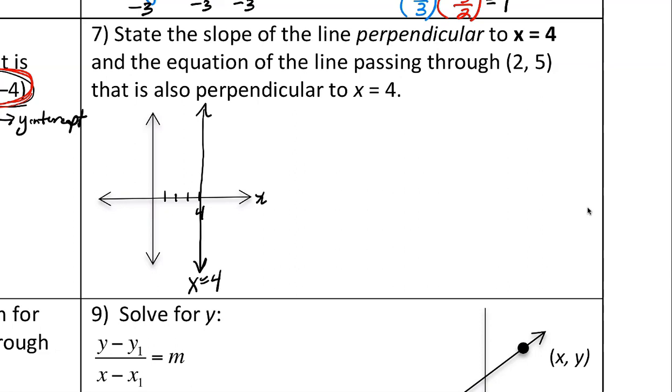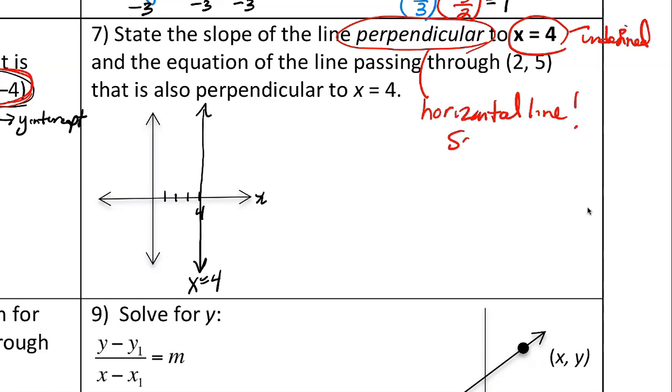If we want a line perpendicular to that vertical line, we're going to have a line that has a slope of 0. For x equals 4, the slope is undefined, but the slope we're looking for is a horizontal line, so the slope is 0. And it's passing through 2, 5.